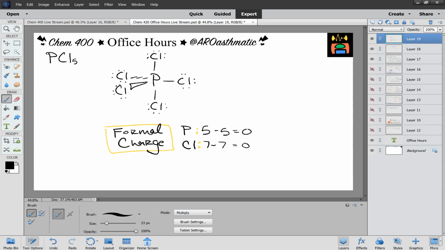So when you look at, and for those of you who don't have your eye on the chat, these are the possible answers. So this is for the central atom.